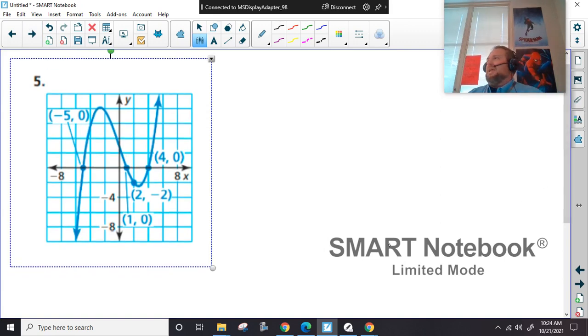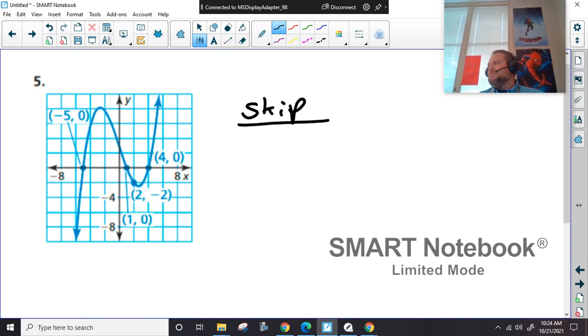Now, y'all look at number 5 and write this down. I'm going to skip this because I put this on here without really going through it. This doesn't have a definite y-intercept. We could kind of guess right here and say that this is 3, but I don't want to guess.